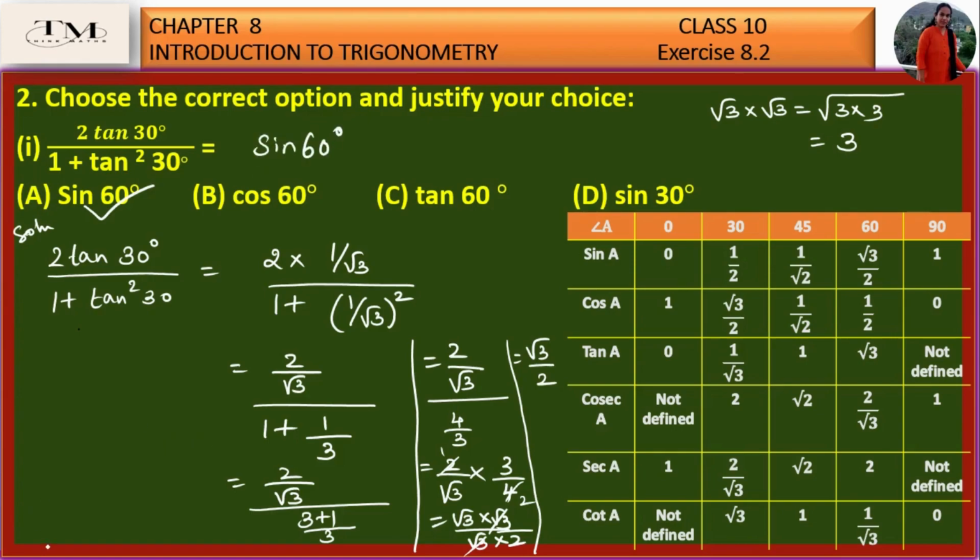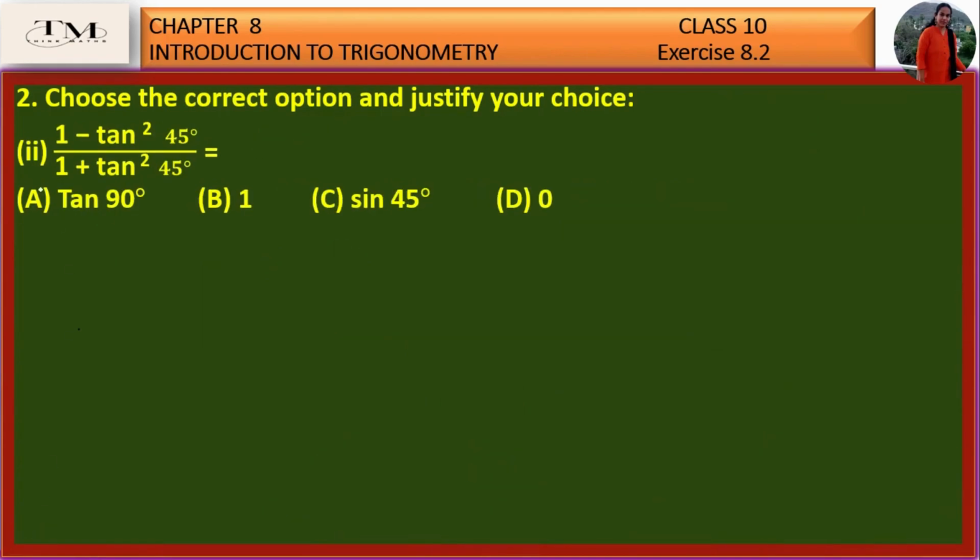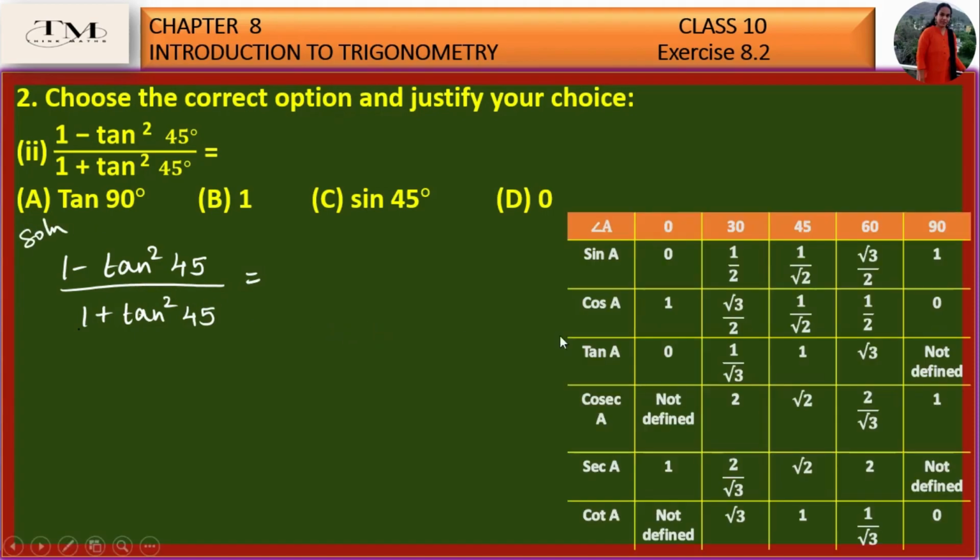Moving on to the next part, the second one: 1 minus tan square 45 divided by 1 plus tan square 45. Let us calculate the values. What is tan 45? Tan 45 is nothing but 1, from the table.